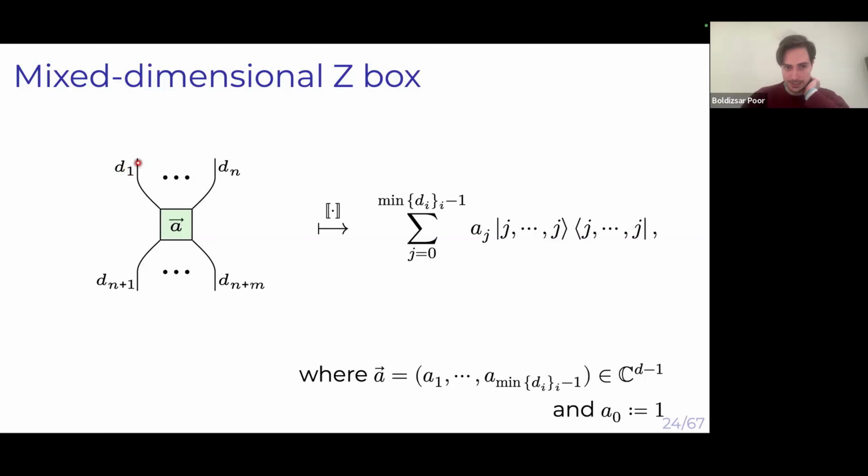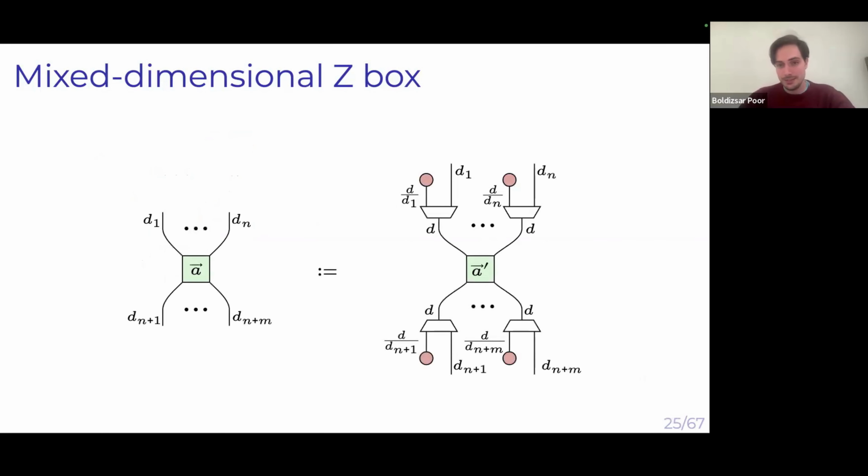If you input anything here, that's going to be finite. It's just going to copy throughout all the legs. But if you input here, for example, a basis state that's bigger than D1, then it's going to give you the 0 scalar. And we can define this as the following diagram in the Qufinite ZXW calculus.